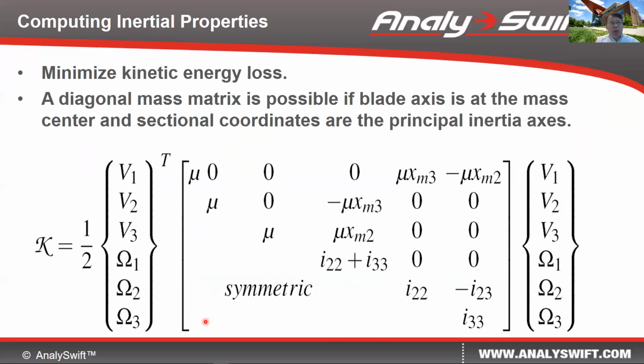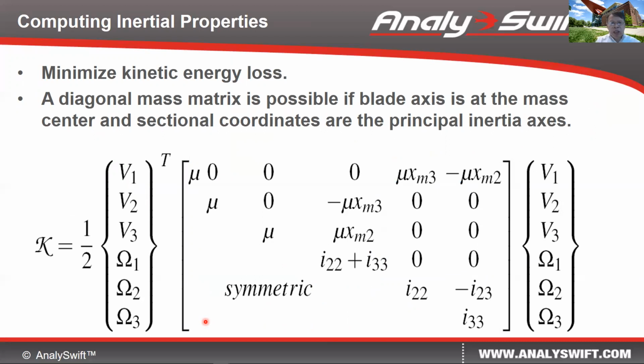For VABS to compute the inertial properties, what we do is minimize the kinetic energy loss between the original 3D model and the final 1D beam model. The result is a mass matrix, which could be a 6x6 mass matrix, depending on where we put the cross-sectional coordinates.